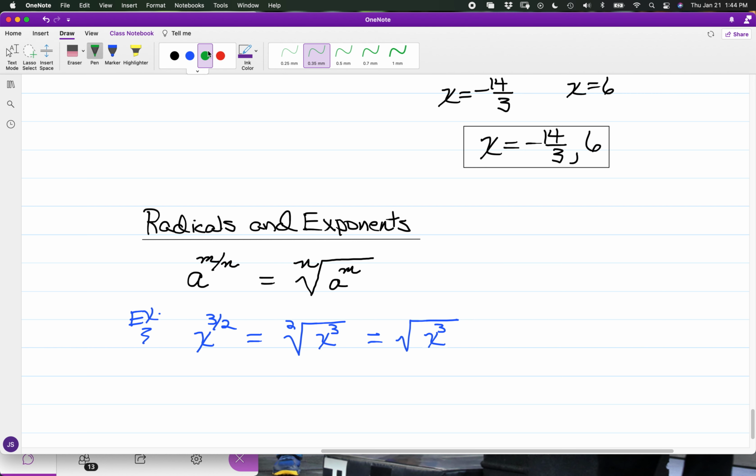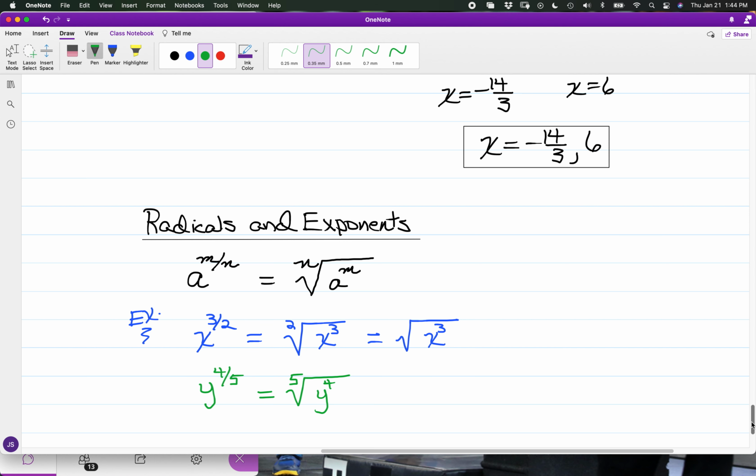Changing up the variable, if I have y to the 4/5, here we have the fifth root of y to the 4th, where n is 5 and m is 4.